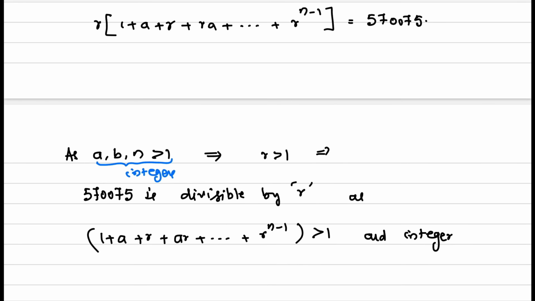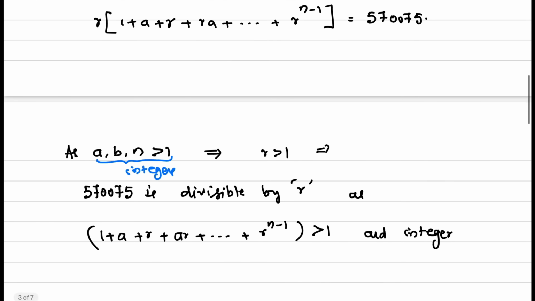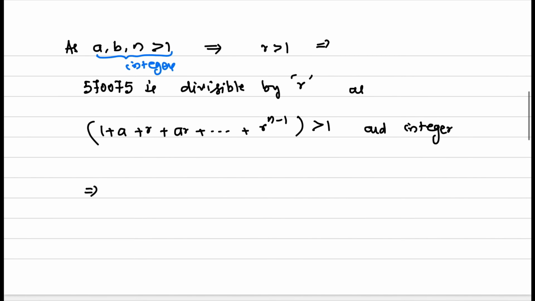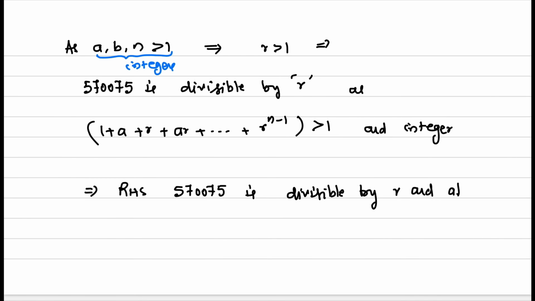Are you able to follow this? Hence, right hand side 570075 is divisible by r and also divisible by 1 plus a plus r plus ar plus up to a to the power of n minus 1, here we can even write it as r to the power of n minus 1.